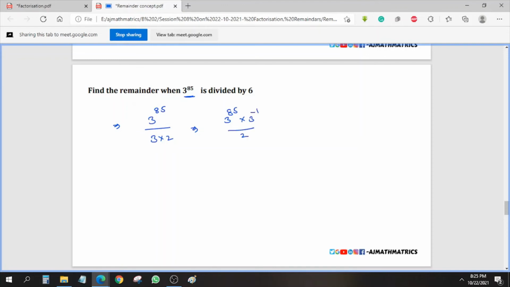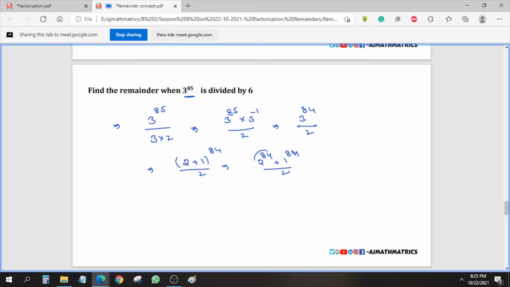I am taking 3 to the numerator, so this will be 3 power 84 by 2. So 3 power 84 by 2, that we can write as 2 plus 1 power 84 by 2. So this we can write as 2 power 84 plus 1 power 84 by 2.